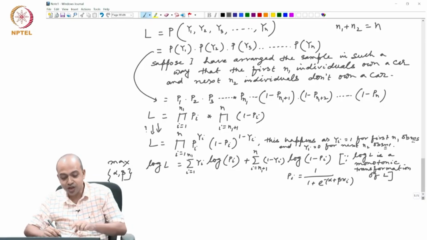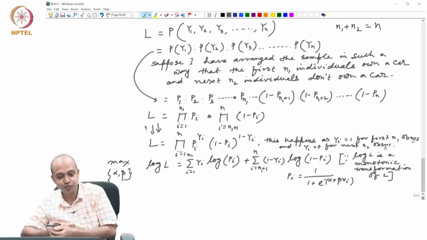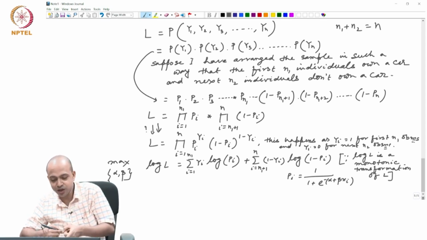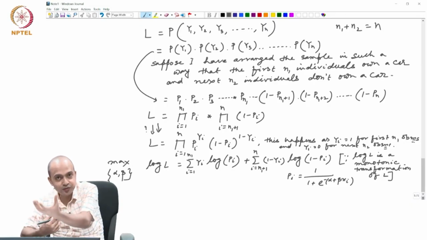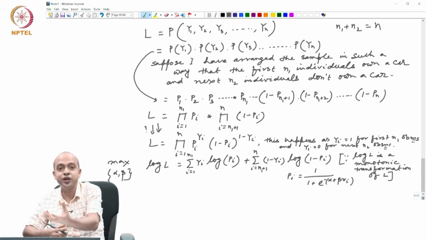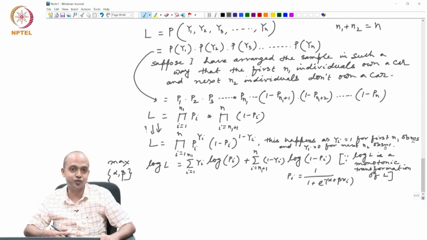I want that particular set of alpha and beta that will maximize my likelihood function, and this likelihood function is basically the probability of observing that particular sample in which out of 15 individuals 5 individuals own a car.